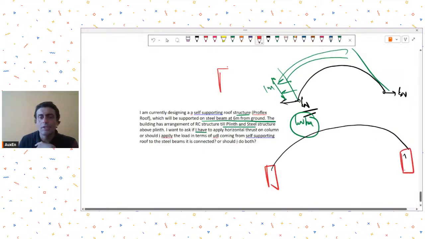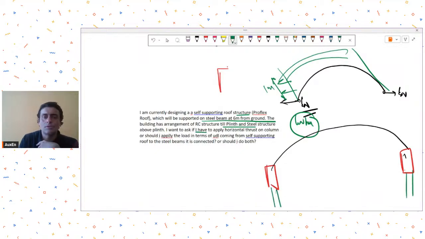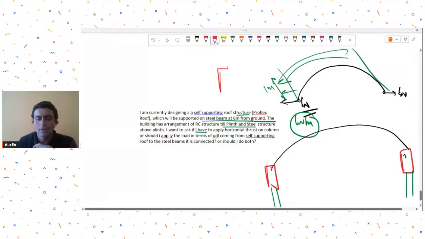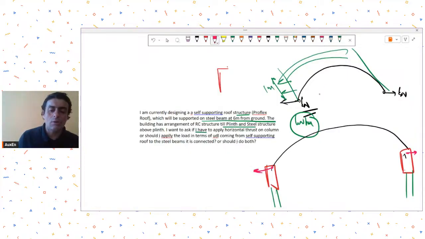The Proflex sheet is resting on beam and beam is resting on columns at whatever distance you have got between the column center to center. So it is better to apply the loads to beams first. Now that load you may apply as kilonewton per meter units.